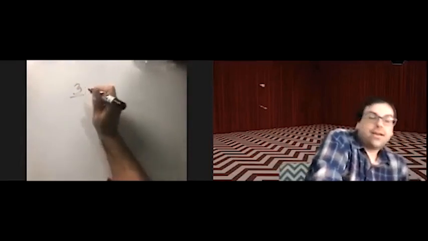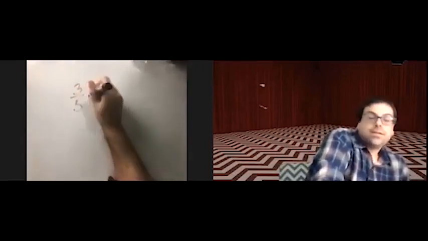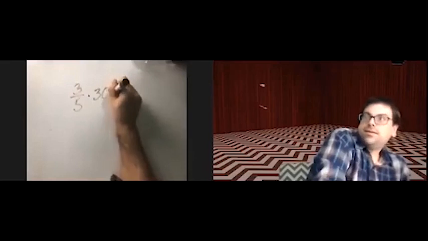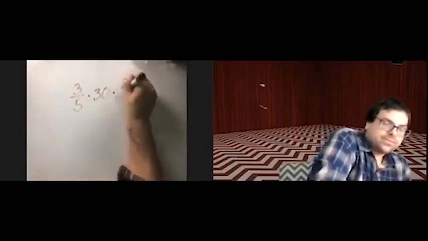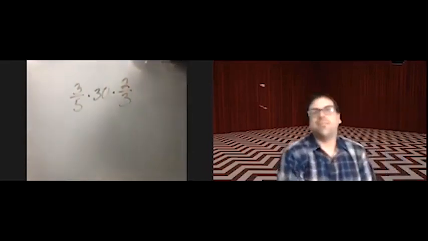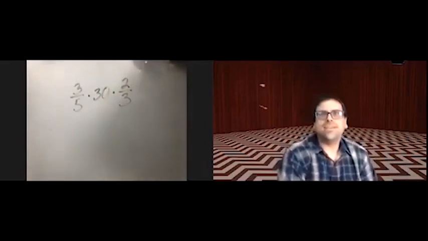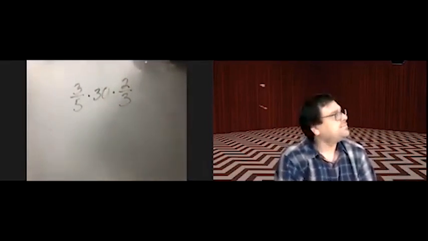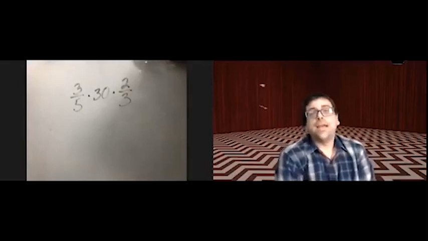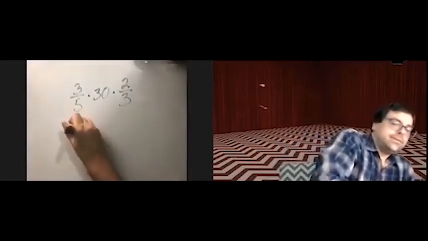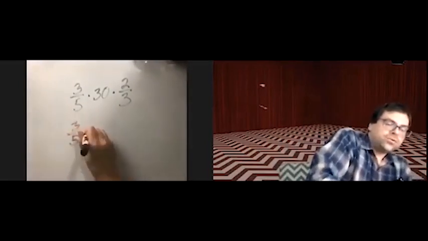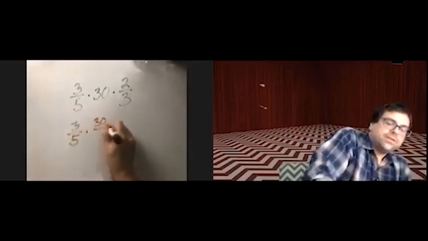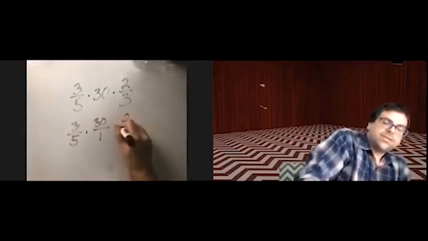Let's take a look at 3/5 times 30 times 2/3. Man, wasn't it nice when that middle number was 0 and we could just say 0 and move on? Instead, we rewrite our whole numbers as fractions.